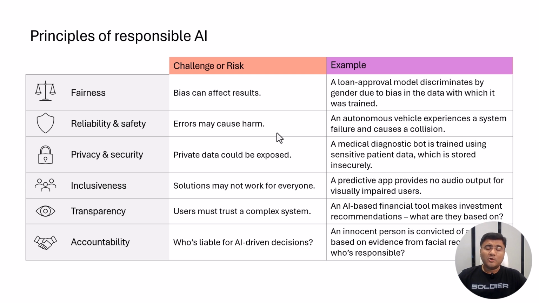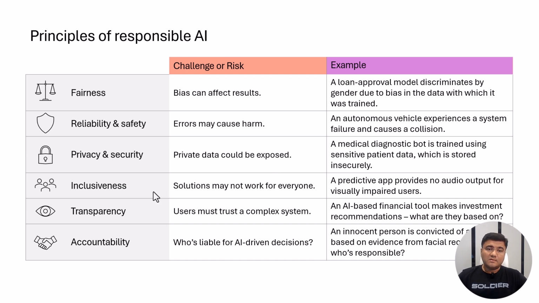So you have to make sure that you are doing all the reliability and safety checks before you give it to your users. Third one is privacy and security. Obviously, data privacy is a very important thing, especially in certain domains like healthcare and finance. They are giving an example like a medical diagnostic bot, which is trained using sensitive patient data, which is stored insecurely. If that kind of thing is there, again, that's a bad thing.